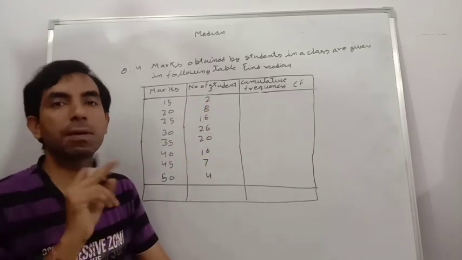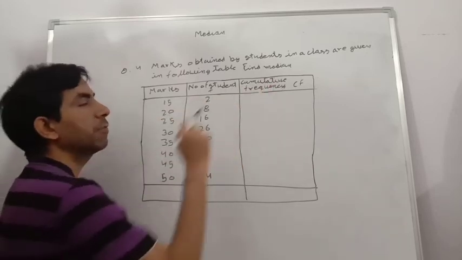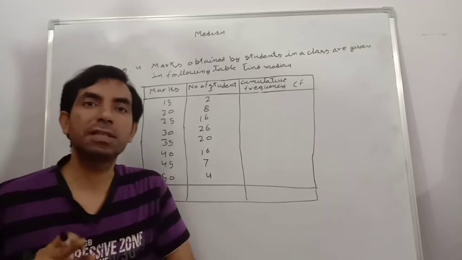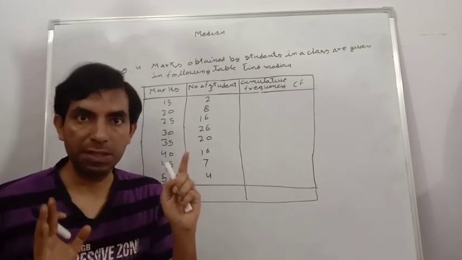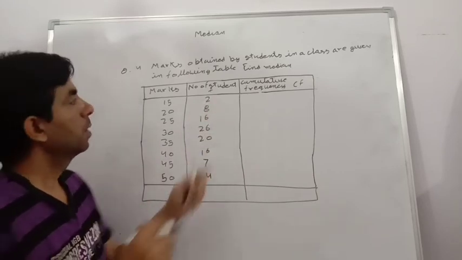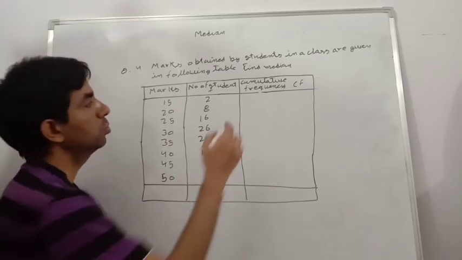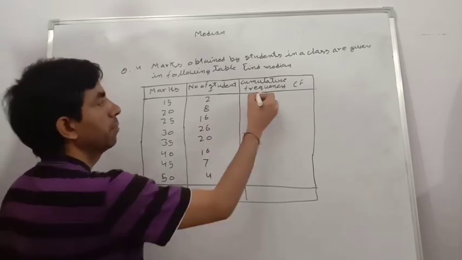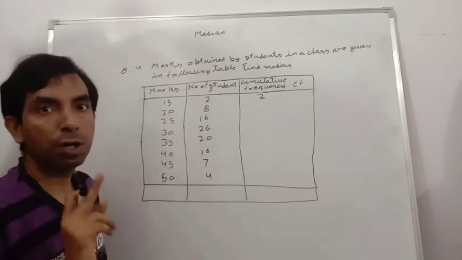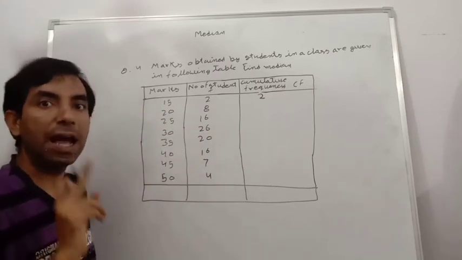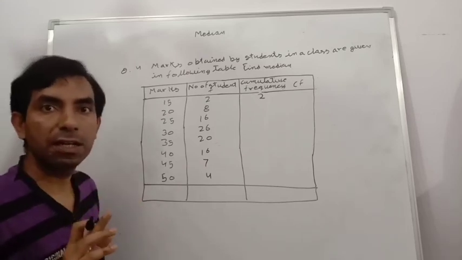So first we find the sum of all data. Cumulative frequency represents the sum of data up to the previous terms. First, the frequency given is 2, so the cumulative frequency is also 2. But in the next term, we add this frequency to the next frequency. For cumulative frequency, every time, add all the previous frequencies to that frequency.